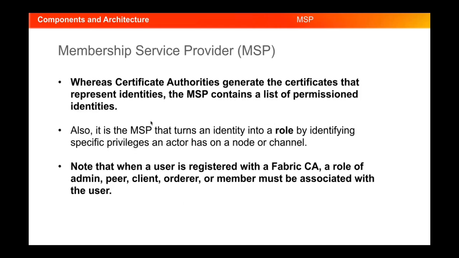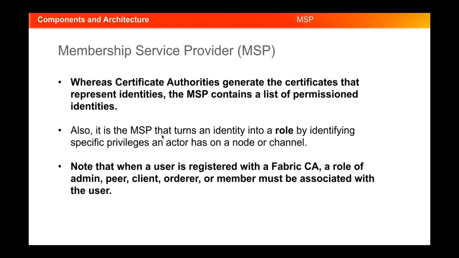Now, what is the actual difference between the MSP and the certificate authority? The certificate authority generates the certificate that represents the identity. On the other hand, the MSP contains a list of permissioned identities.